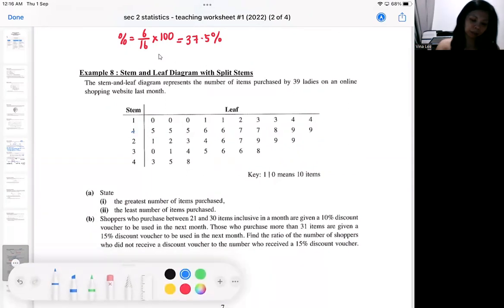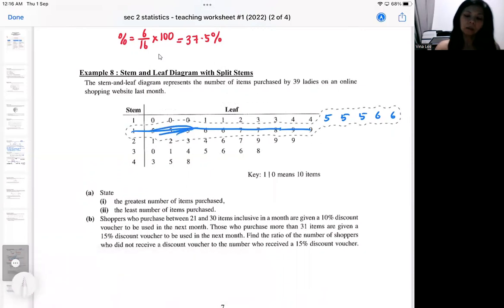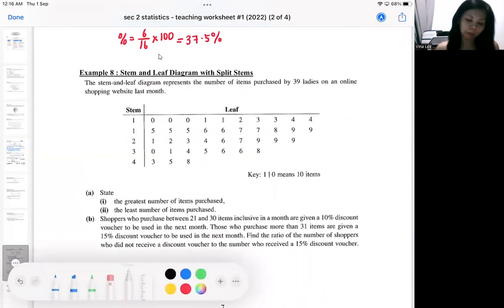If we don't split the stem, because there are too many data, we get an extremely long chain here. So that is the time that we need to split the stem. No matter whether split or not split, it's always in order.